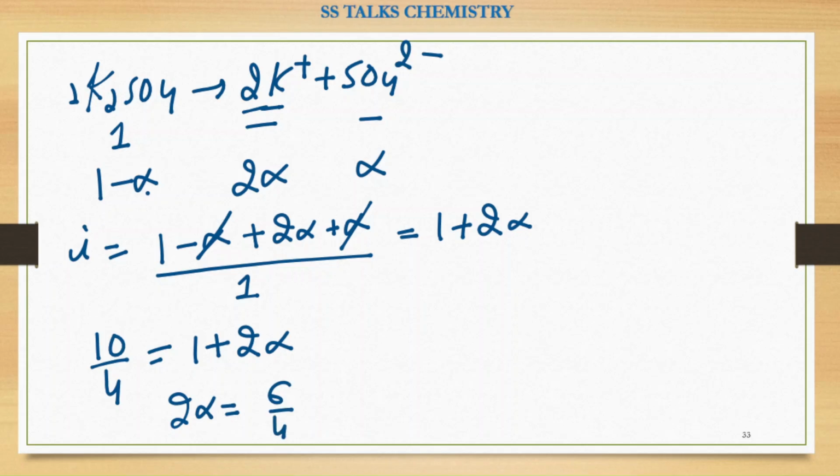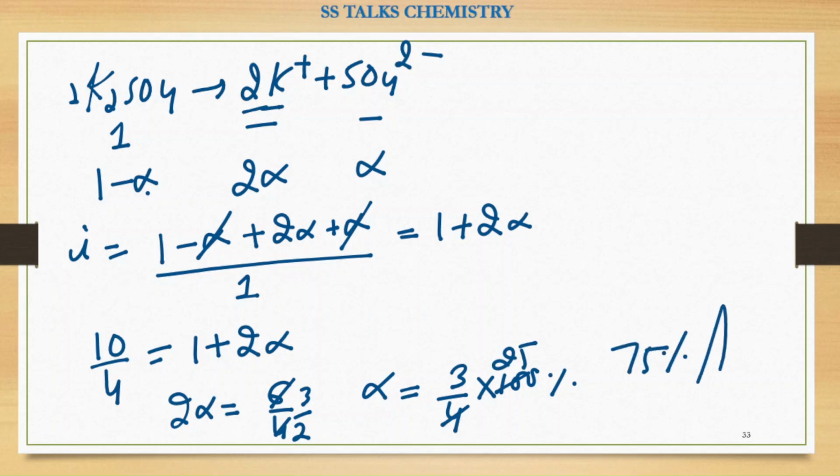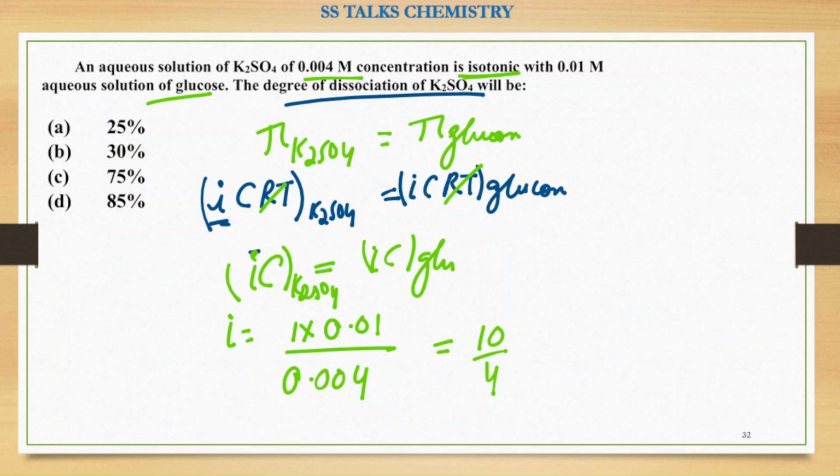Just solve this. Alpha value you will get as 3/4. Into 100 we take to calculate the percentage. So it is 75%. So 75% is the degree of dissociation of K2SO4. So C is the correct answer in this.